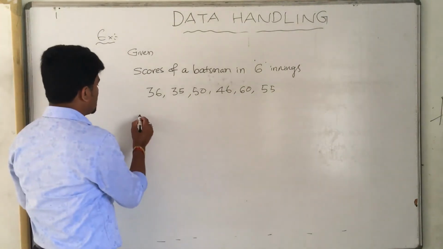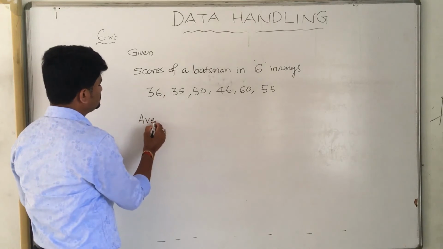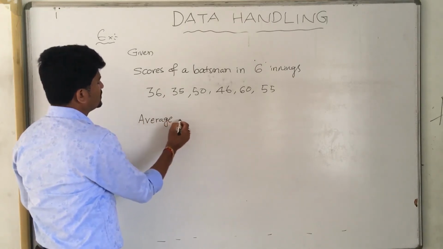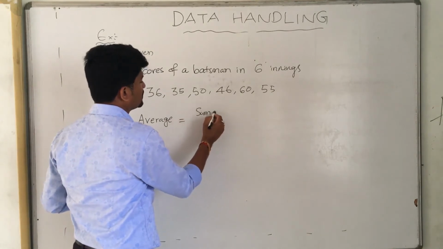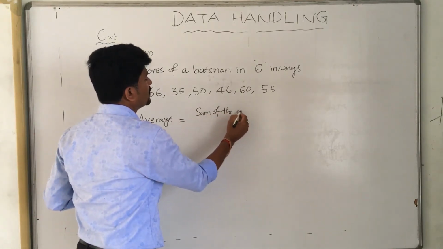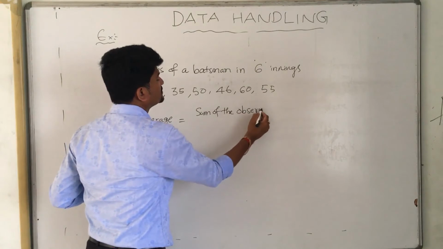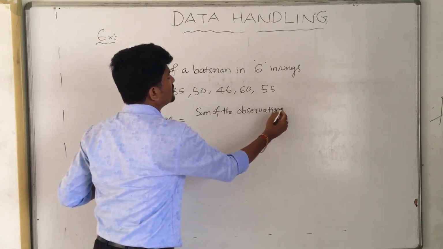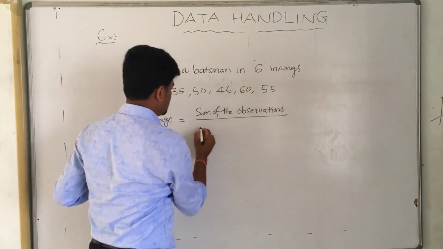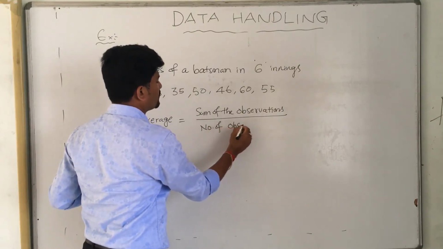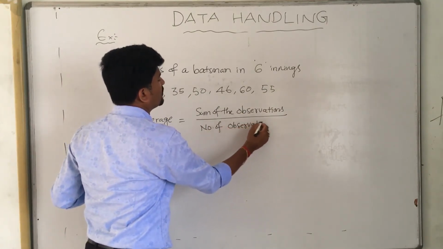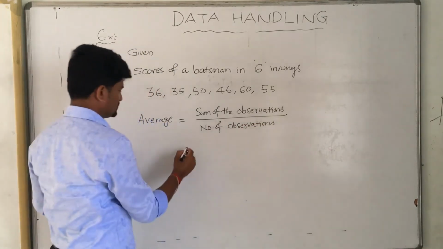Now, average is equal to what? Sum of the observations by the number of observations.